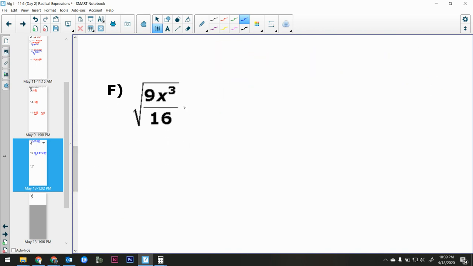Let's take a look at this one. So reduce it down. This is 9x to the third over the square root of 16. The bottom turns into 4, right? I hope we see that already. Square root of 16 just turns into 4. The top, okay, so this is a 3. Well, if I just work with this, the square root of 9 is 3.